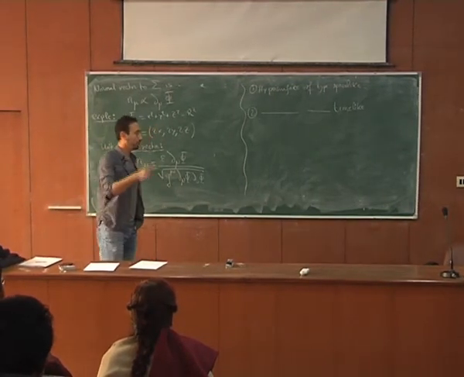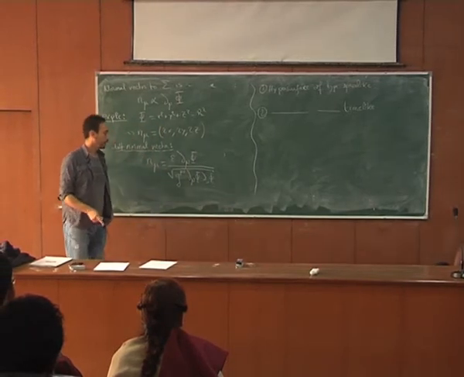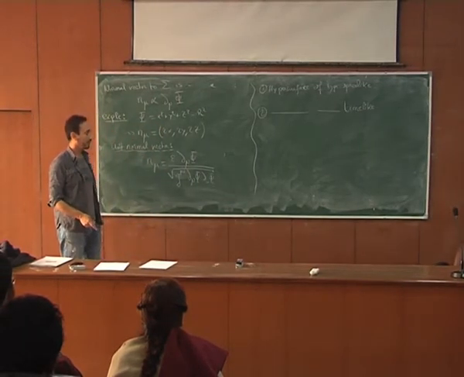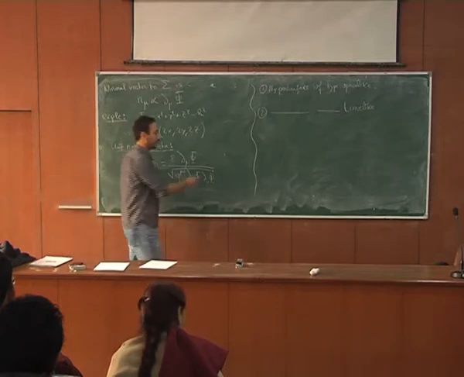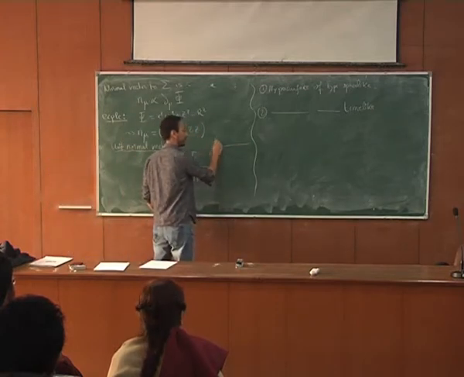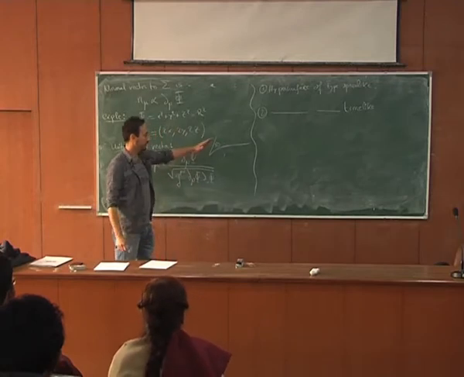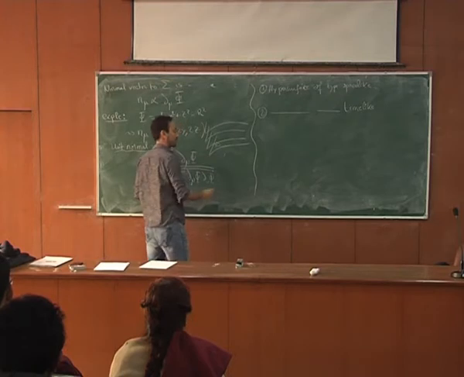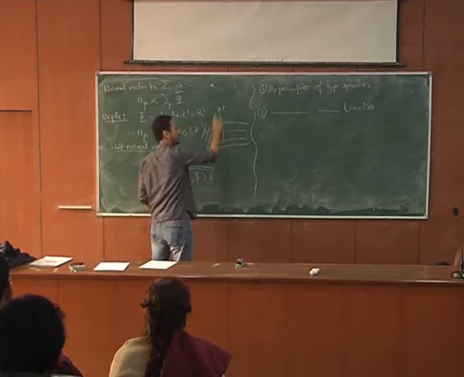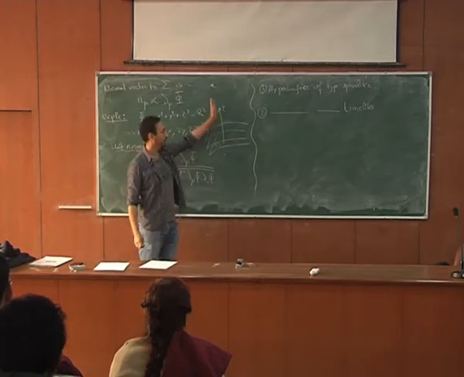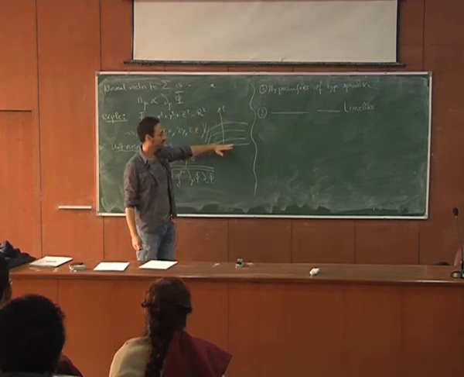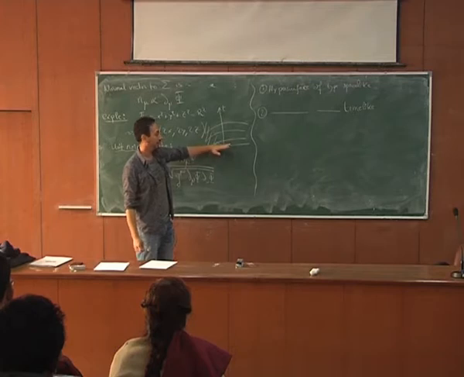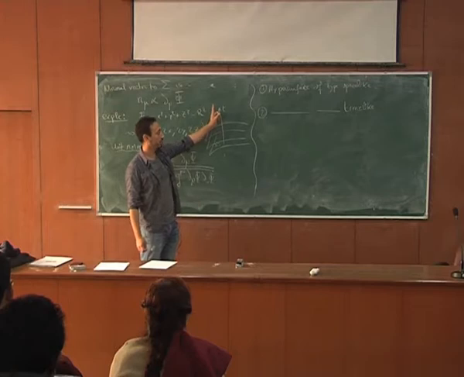If the normal vector is time-like, the hypersurface is space-like. What does it mean? If you take, for example, a three-dimensional space and you do a foliation like that, and you consider that this is time, the normal vector is time, so it is time-like, and the surface contains only space coordinates, so it is space-like. So a hypersurface which is space-like is orthogonal to a normal vector which is time-like.